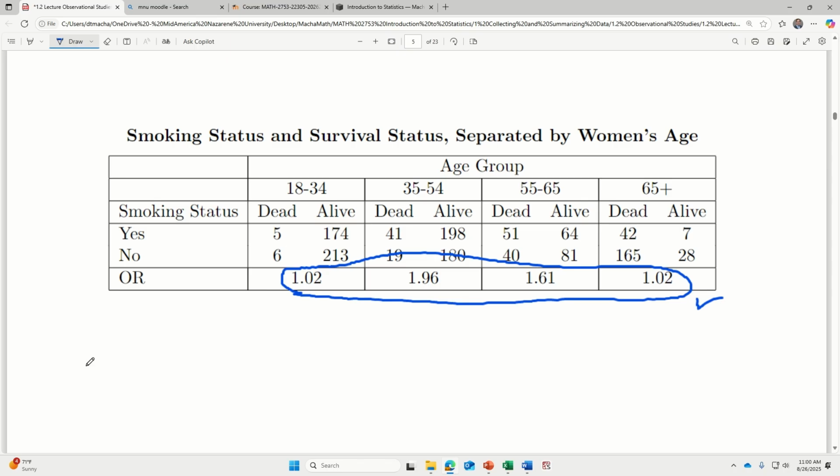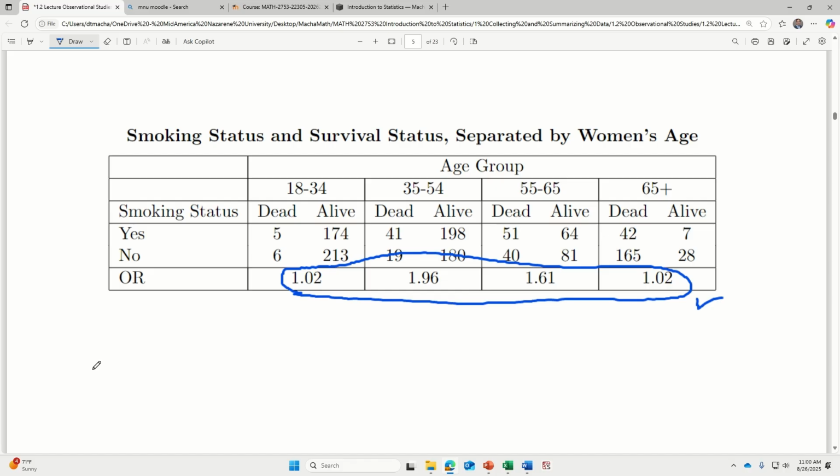Okay. The lesson to be learned here is, when they were putting together their survey, their sample of smokers happened to be younger than their sample of non-smokers.